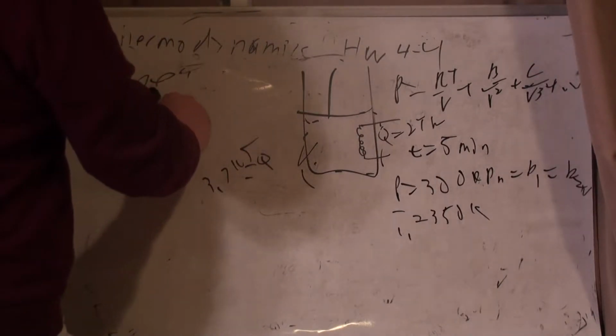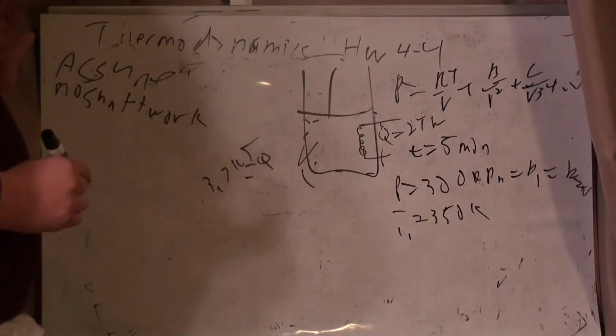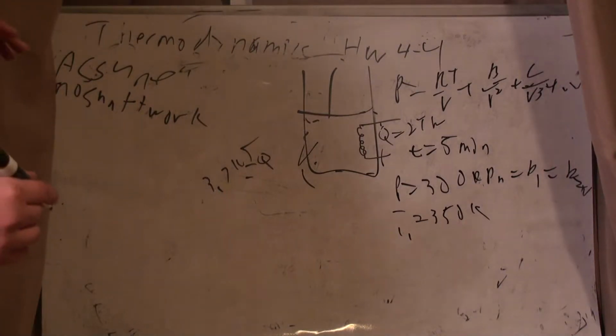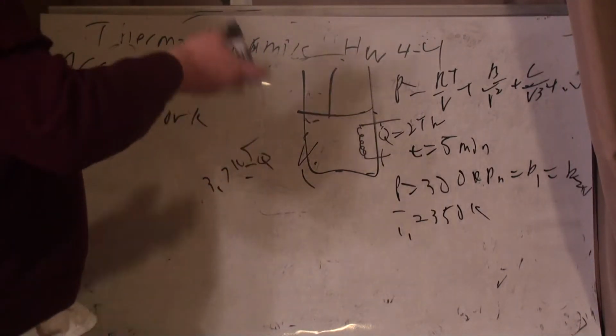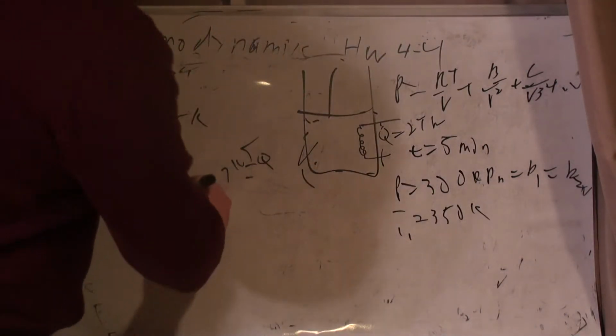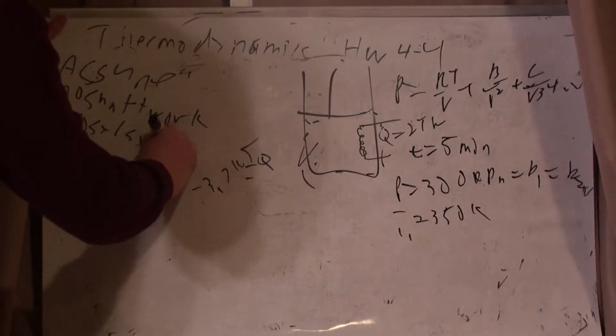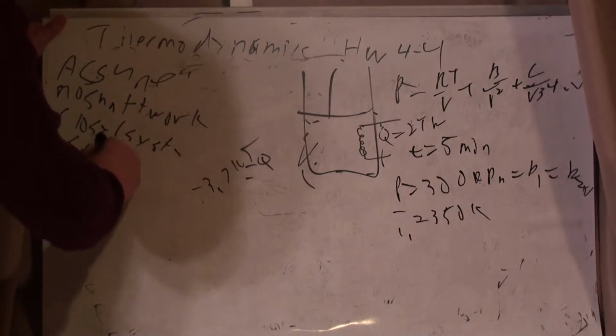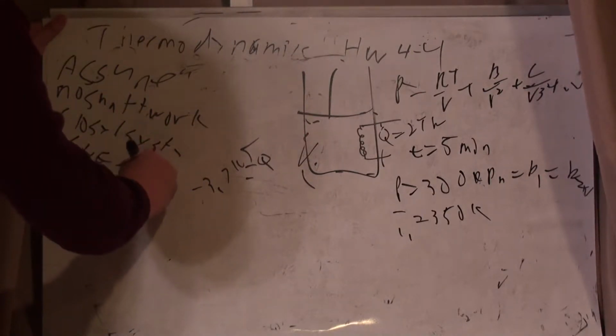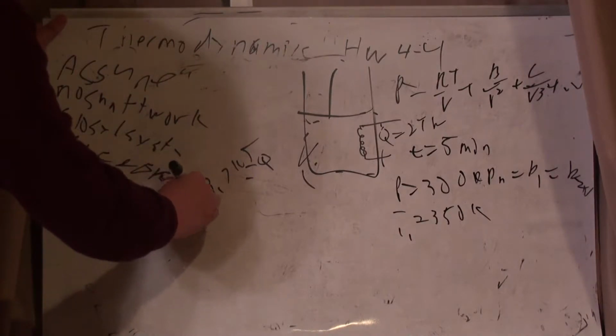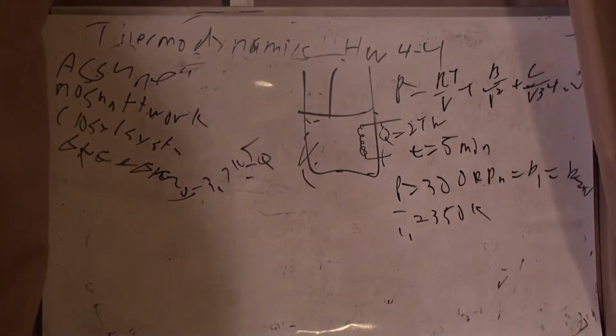We're also going to assume that it's not adiabatic, because I have heat coming in and heat going out, so this really should be a minus 3.7. It's closed, and I don't have any kinetic energy or potential energy changes. Other than that, I don't think I can assume much.